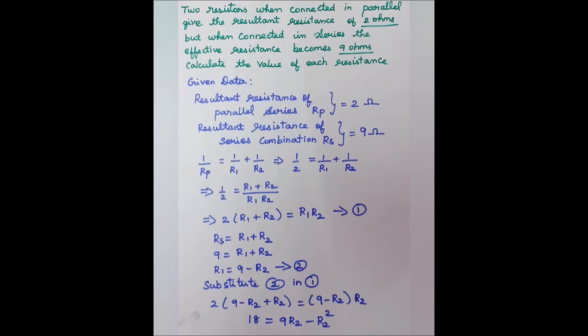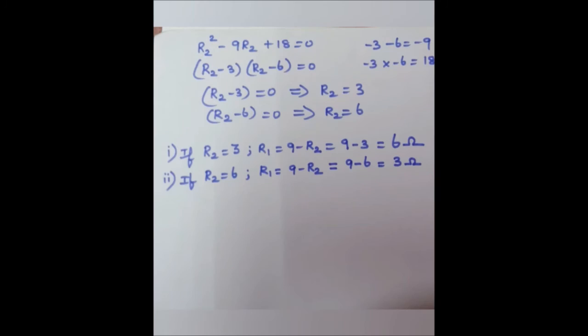We get 2 into (9 minus R2 plus R2) equals (9 minus R2) into R2. This R2 gets cancelled. We get the equation R2 square minus 9R2 plus 18 equals 0.